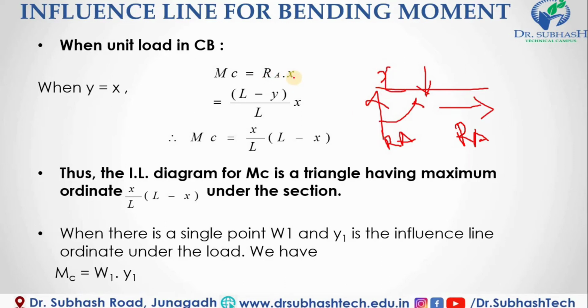So RA into x, and the equation of RA, which was derived in our first slide, is L minus y upon L. So L minus y upon L multiplied by x. In our case, replace y with x. So again we find the bending moment at C as x by L, L minus x.